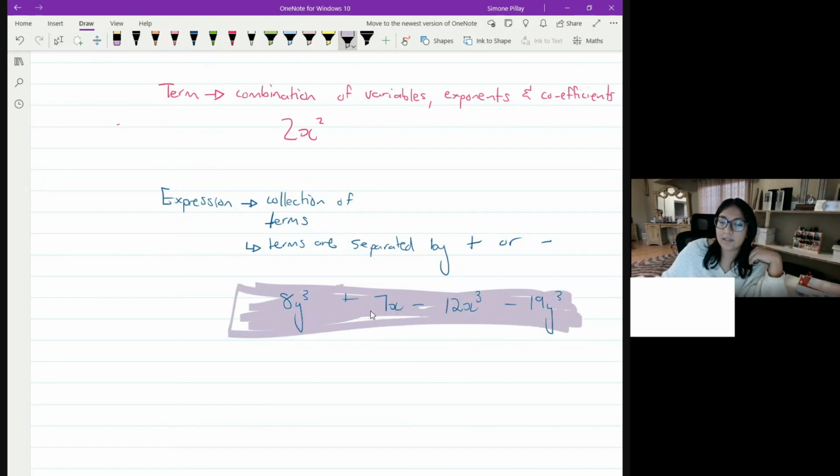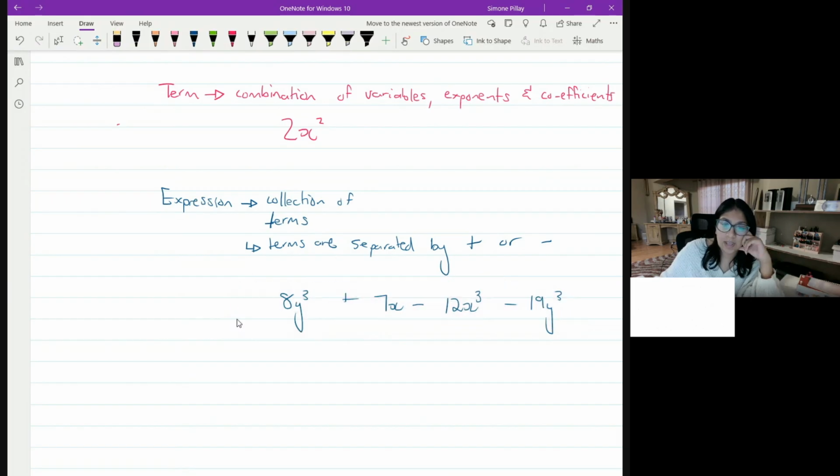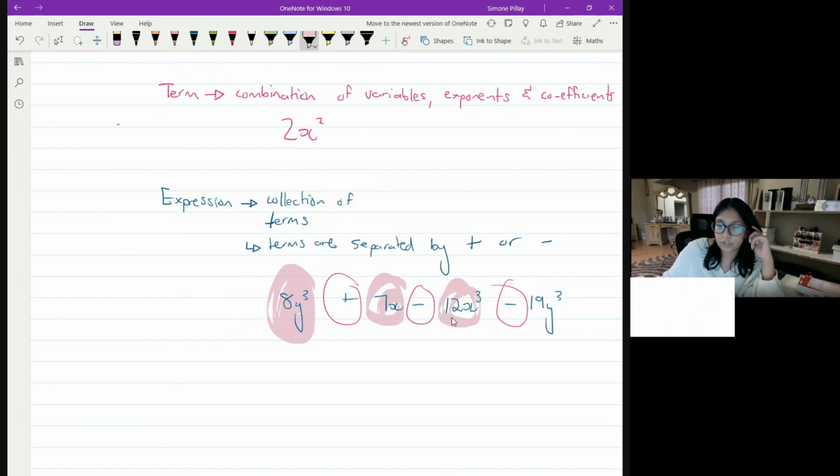Now, if I put these all together, I've created an expression because I've collected all of these terms together. If I had to ask you how many terms are in the expression, you would count the pluses and minuses, and then count how many groups they have created. So there's 1, 2, 3, 4. So this is an expression with 4 terms.